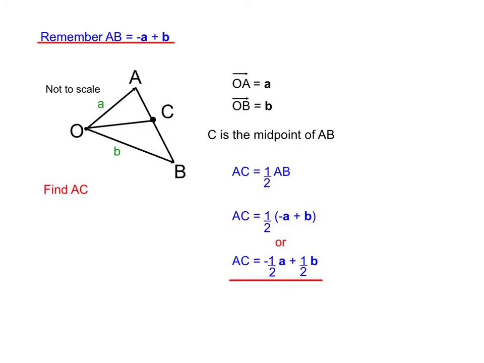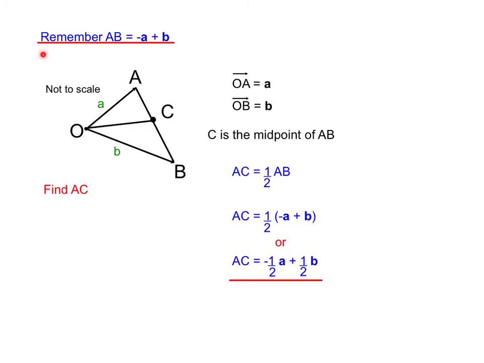So we move on to the second question, which is to find a vector for AC, A to C. And vector questions often require you to use answers that you've worked out previously to help you answer new questions. We are told that C is the midpoint of AB. So our required vector AC is equal to half of vector AB.